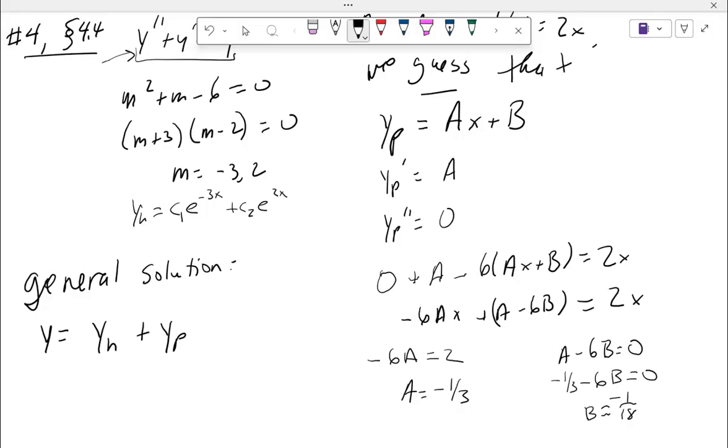What's the homogeneous solution in this case? Good. And then we add the particular solution. What's the particular solution in this case? Negative 1/3 x. Good. And then we're done.